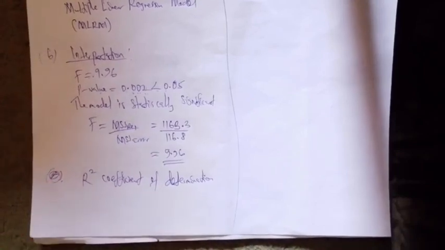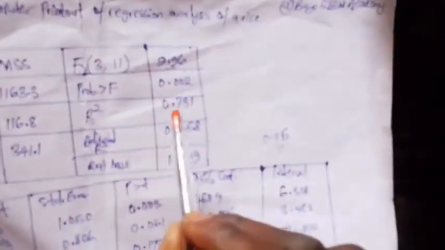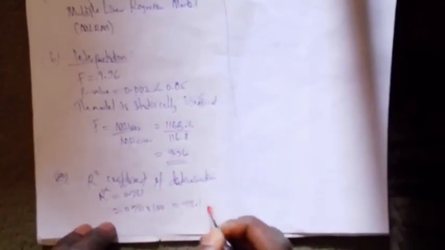From our table, the R squared value is 0.731. Now, if you want to explain it, you multiply this by 100. 0.731 times 100 is equal to 73.1%. Right?